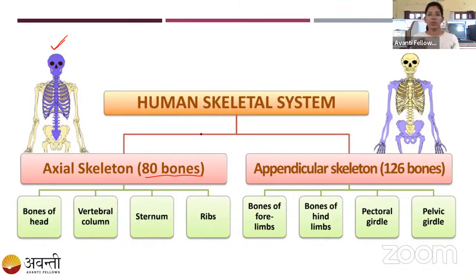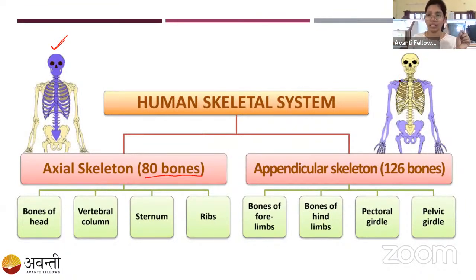The appendicular skeleton consists of the forelimbs, which means the hands, and the hind limbs, which means the legs. Where the forelimbs are connected is called the pectoral girdle, and where the hind limbs are connected is called the pelvic girdle. Again, I'm repeating, the appendicular skeleton has 126 bones.